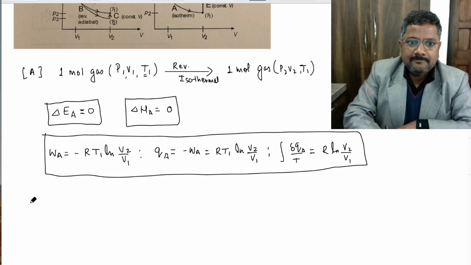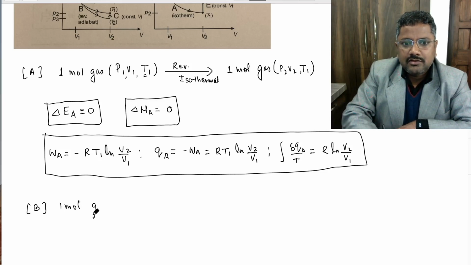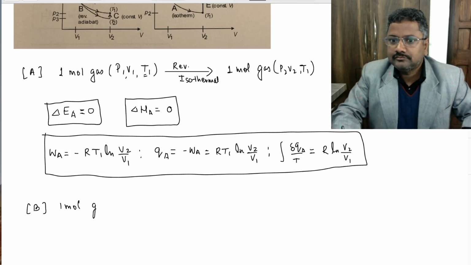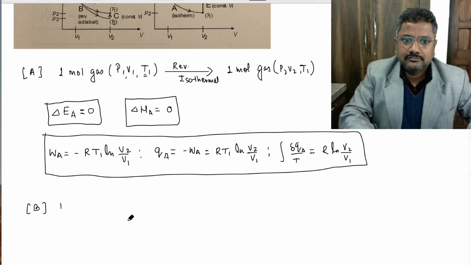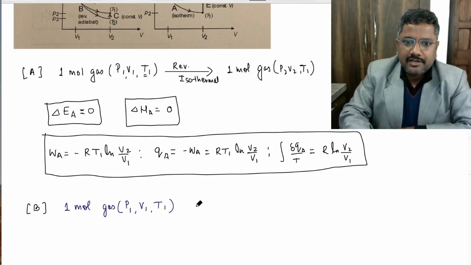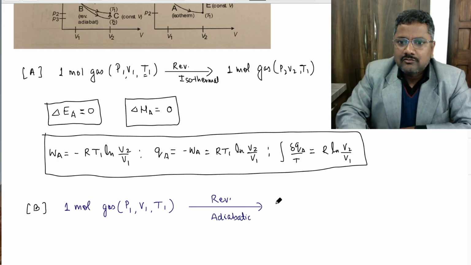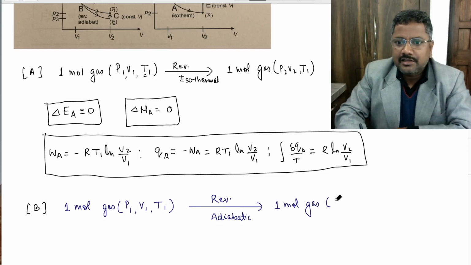Now come to B. B is basically 1 mole gas, P1, V1, T1, moving reversible adiabatic to 1 mole gas and P3, V3, T2.